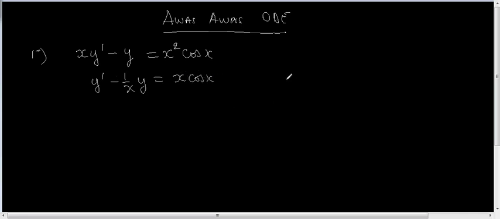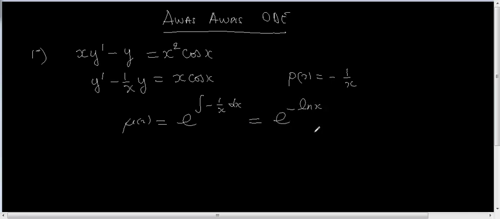Then we need the integrating factor. Before that, we write that p of x is negative 1 over x. So the integrating factor mu of x is exponential of the integral of p of x, which is negative 1 over x dx. So this will be exponential of minus ln x.